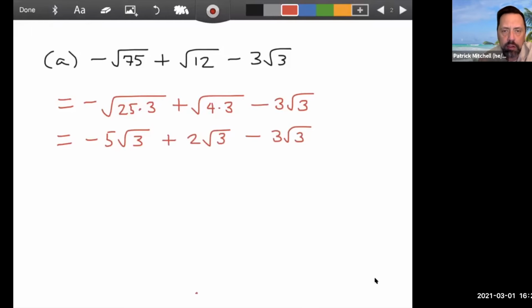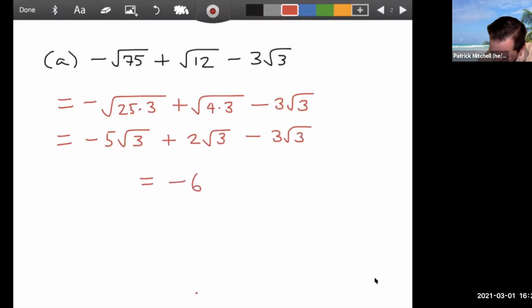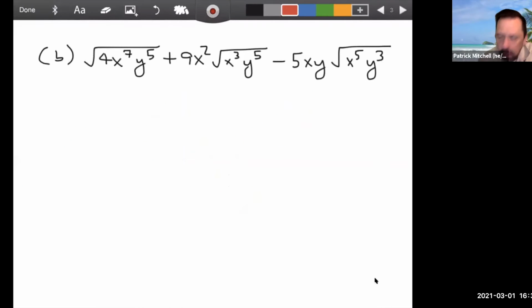Negative 5 plus 2 is negative 3. Negative 3 minus 3 is negative 6. So this is negative 6 root 3. All right, so 90% of this is simplifying the radicals. The new part of it's super easy, which is how it goes sometimes.